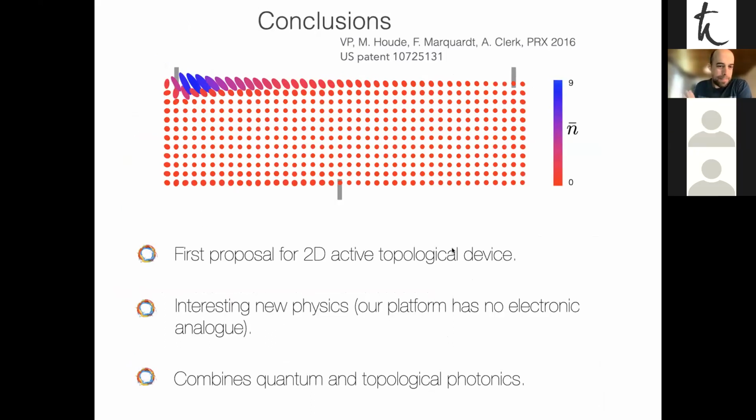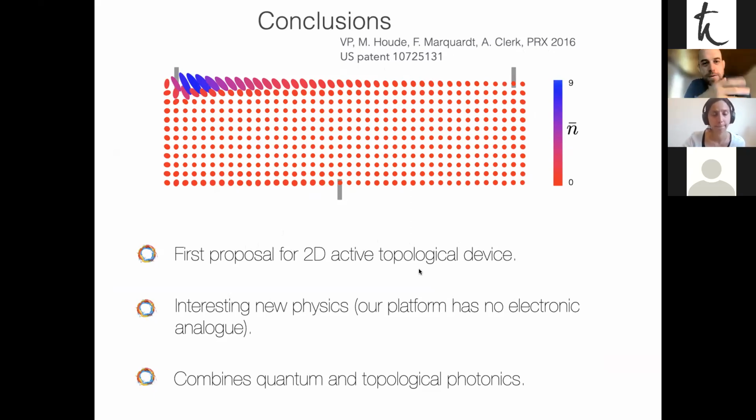Okay, so I wrap up with my conclusion. I told you about our paper from 2016 in Physical Review X. We also have a patent, by the way, on it. And I think we can make the claim that historically it was the first proposal of a 2D active topological device. And there is interesting new physics that does not have any electronic analog.